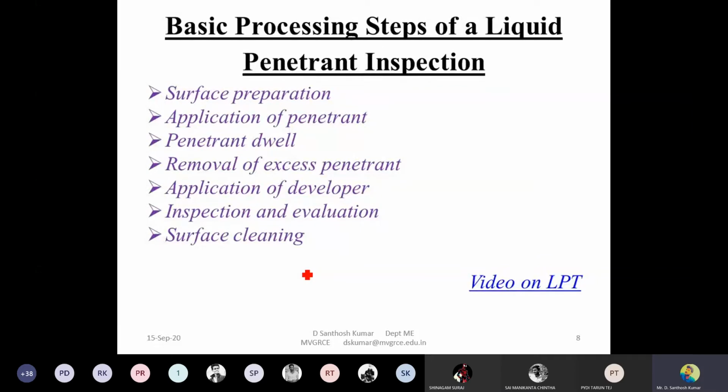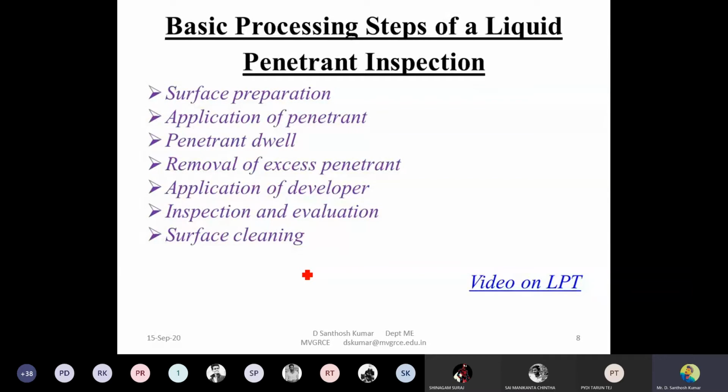Once all the evaluation and inspection is completed, then move on to the surface clean. Remove again the entire penetrant, developer, each and everything. So around 7 steps are involved in the basic process of liquid penetrant inspection.